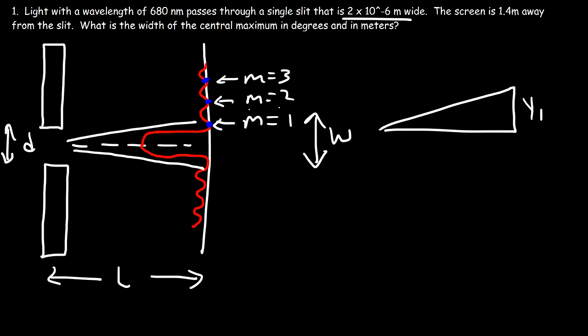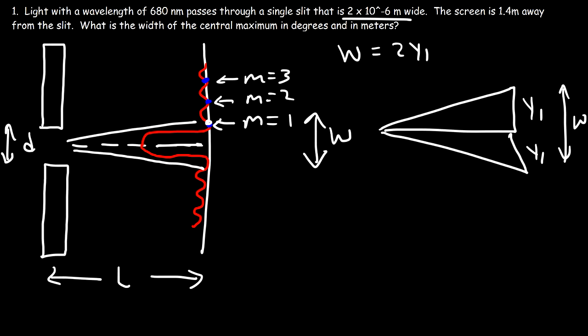This here is y1. y1 is the distance between the center and the first dark fringe. So the width that we're looking for is basically twice the value of y1. So this is the width that we need to calculate. That's going to be in meters.